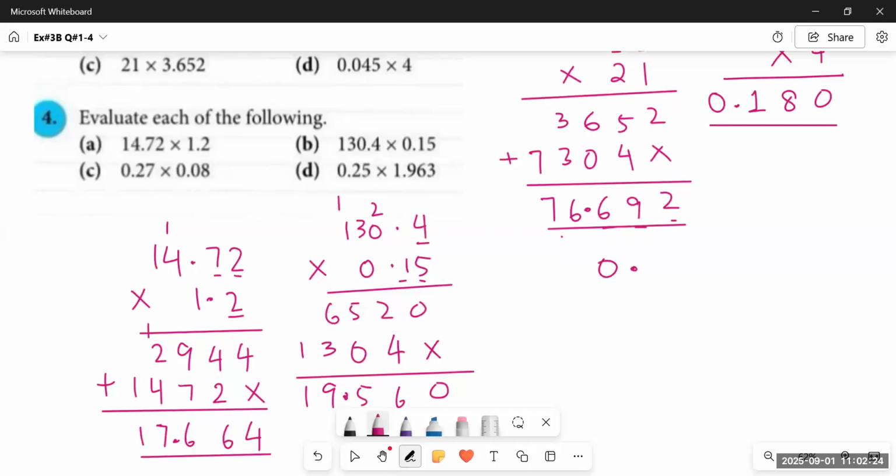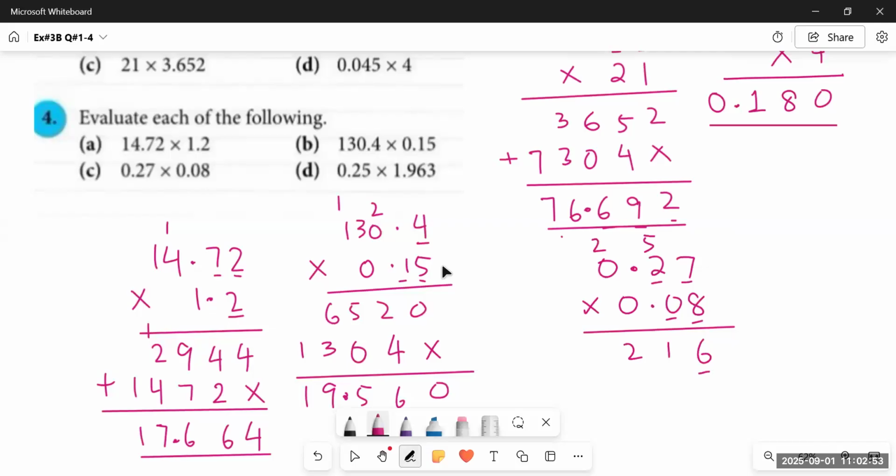So it's 0.27 into 0.08. Do not get confused with the zeros, okay? So we have 7 8s are 56, 8 2s are 16, plus 5, 21. And here comes a 2. Now we are not going to multiply them with 0 anymore because we know that upon multiplying any number with 0, we are going to get 0. So what about the decimal? Where should I put the decimal? Here we have 1, 2, 3, 4 decimal places.